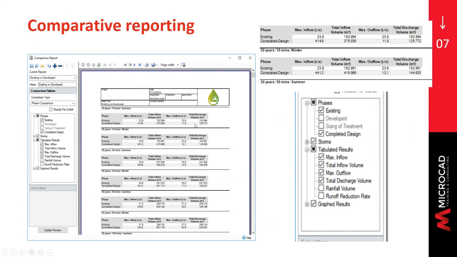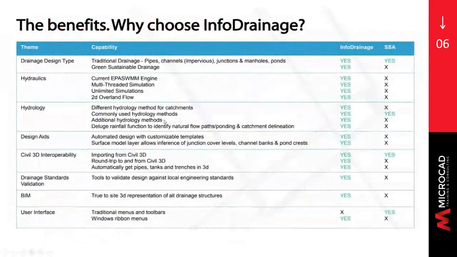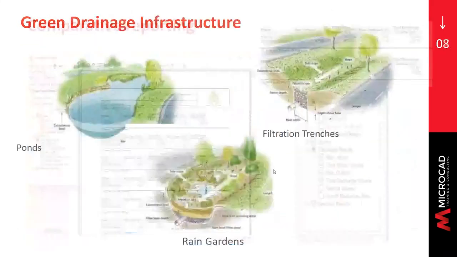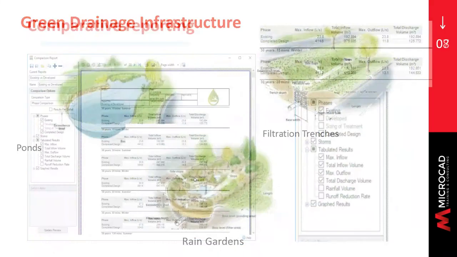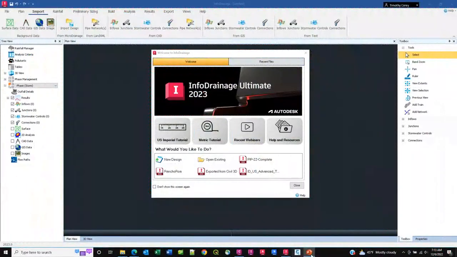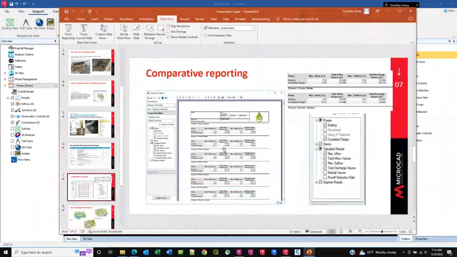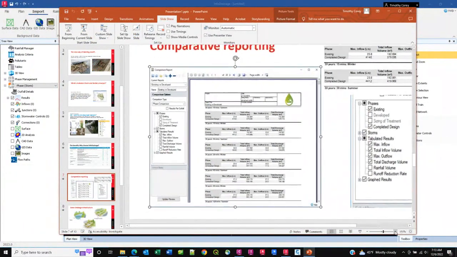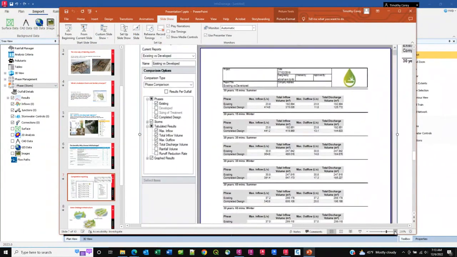So we don't want to take 100% of the inflow into our drainage design and send that 100% of the water back out. And I want to show this comparative report. I need to zoom in on that to do that. I want to just let you read this a little bit here.